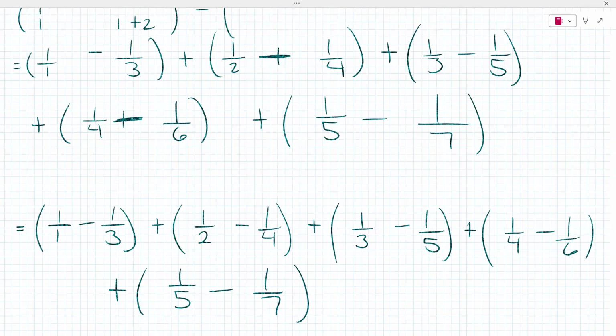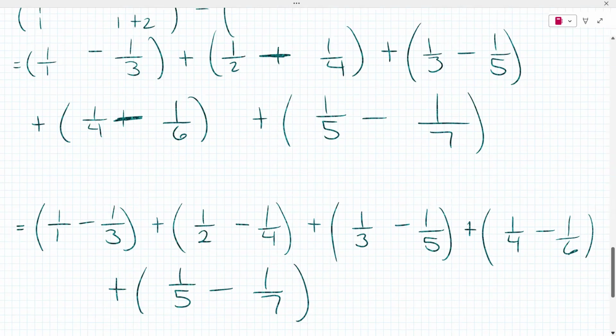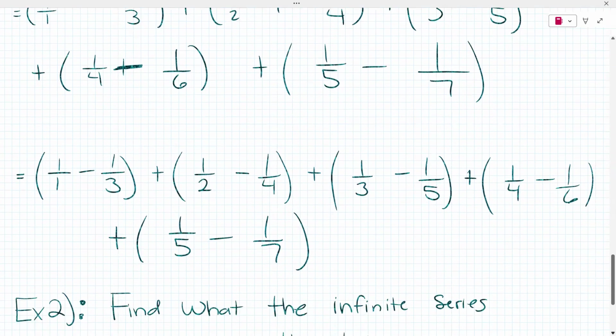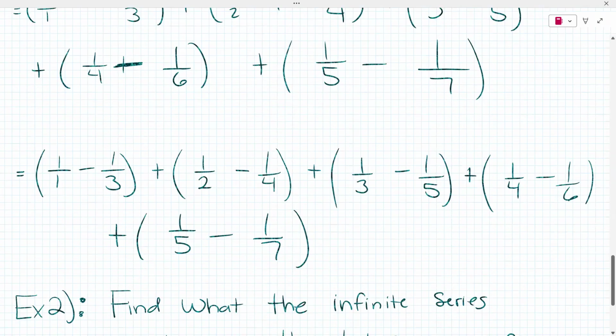You are left over with 1 plus 1/2. If you keep on going doing the process, you are left with 1 plus 1/2.